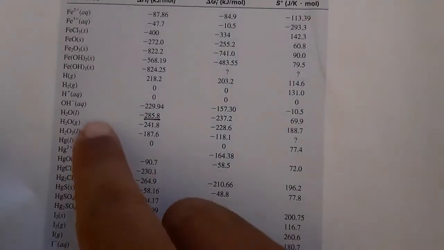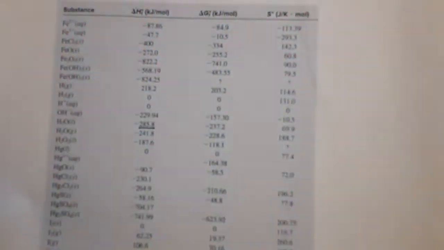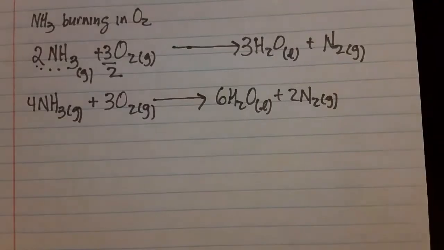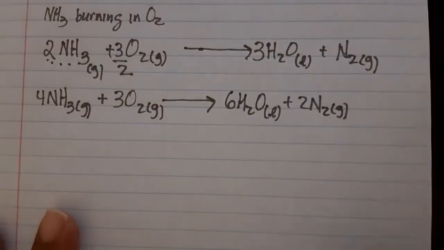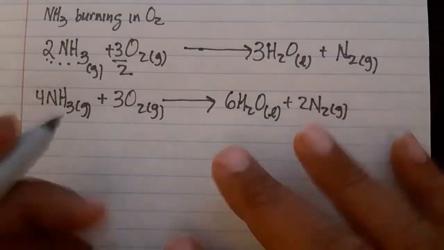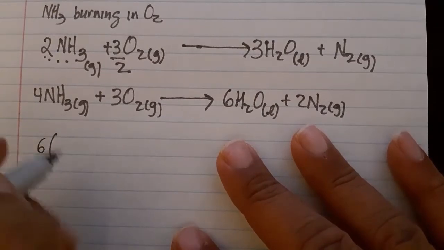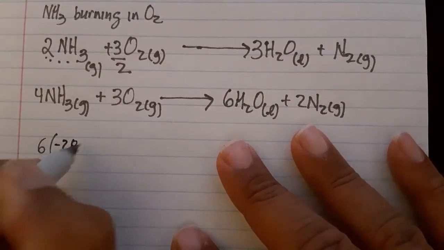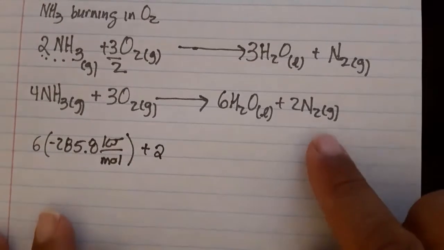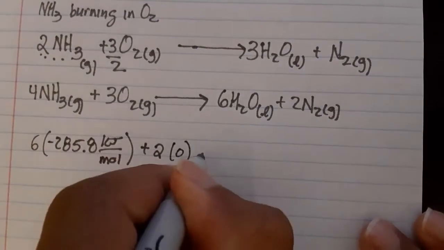Just as a reminder, that value is minus 285.8. That's for 1 mole. We got to multiply it by 6 because we got 6 of these guys. So it's going to be 6 times minus 285.8 kilojoules per mole, plus 2 times the enthalpy of formation of nitrogen gas, which is actually 0.